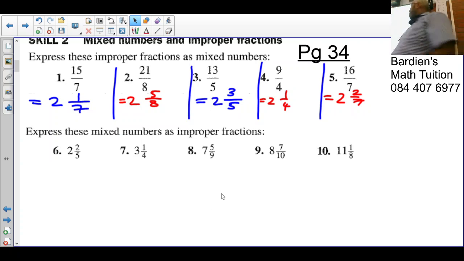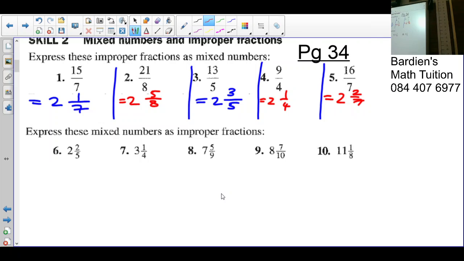So I'm going to show you an example here. When we work in reverse, we say the denominator, which is 5, times 2 plus 2. So what's 5 times 2? 10. And 10 plus 2? 12. So this is going to be 12 over 5. You guys understand? Must I do another one? No. Okay, you've got 4 to do quickly.